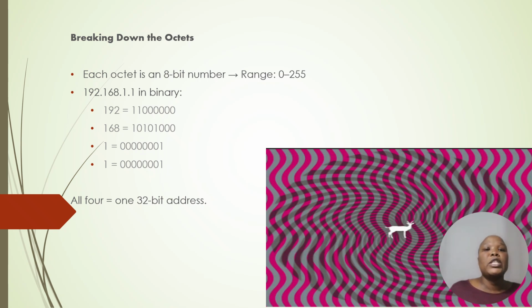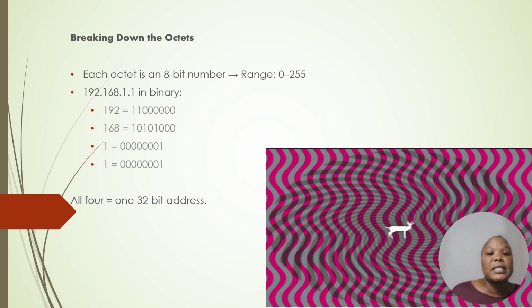Each of these numbers actually represents a binary code, which is the computer's version of the language, made up of only zeros and ones.